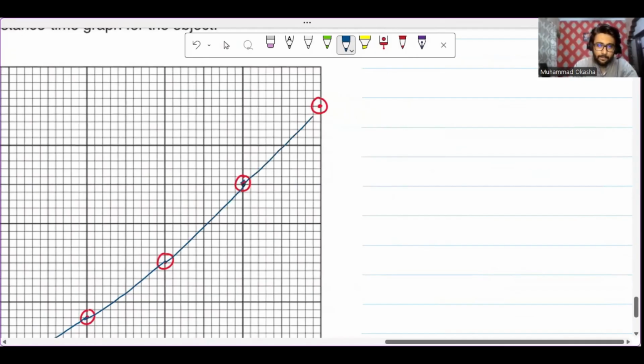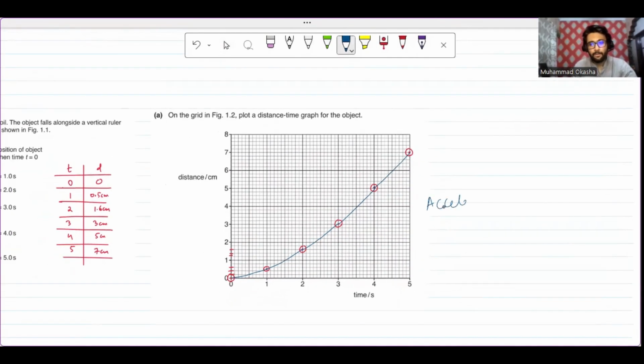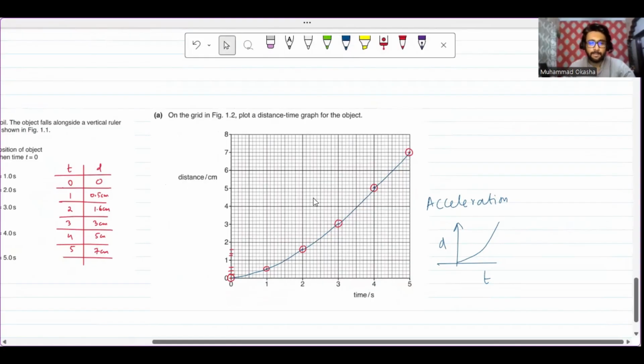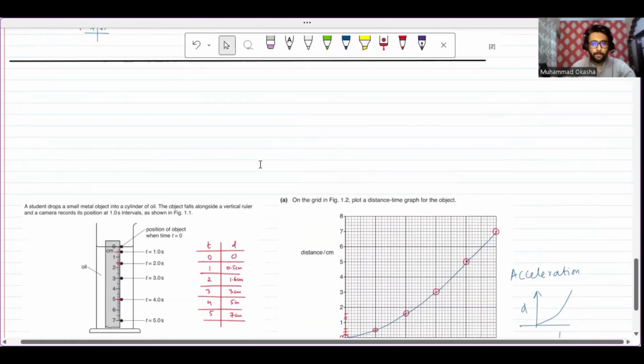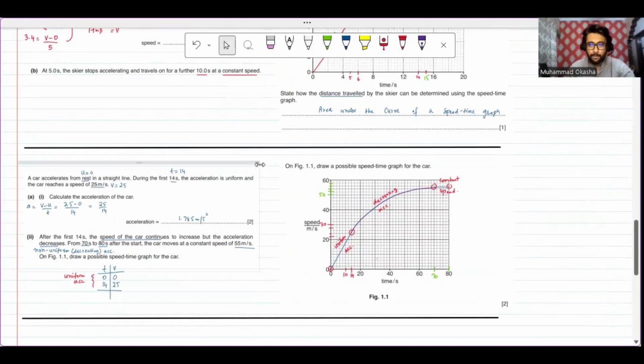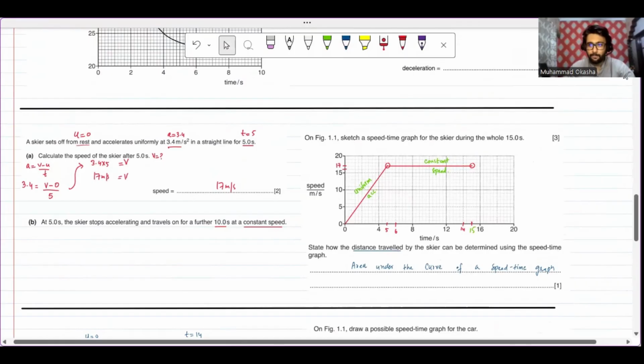It goes all the way up to this, and this is what the graph would look like. Of course, you can tell this is acceleration because on a d-t graph, a line like this is acceleration. I hope it makes sense. I hope you're now better equipped to tackle theory questions on graphs of motion.